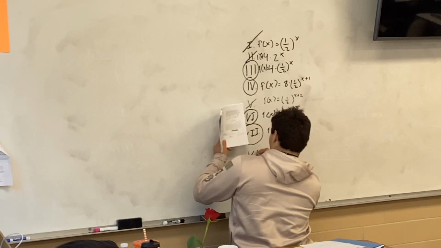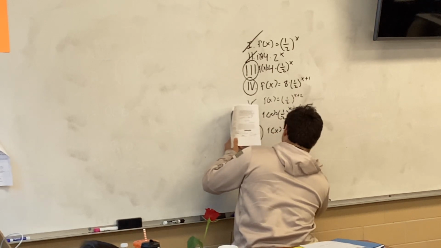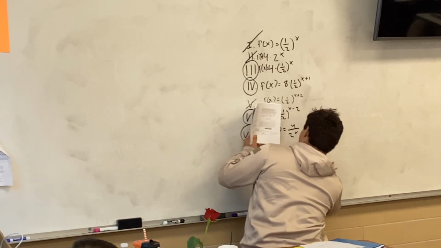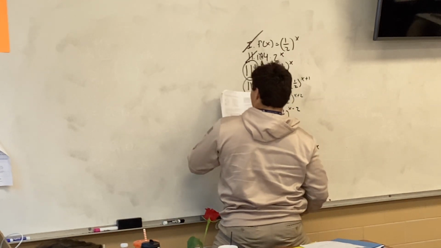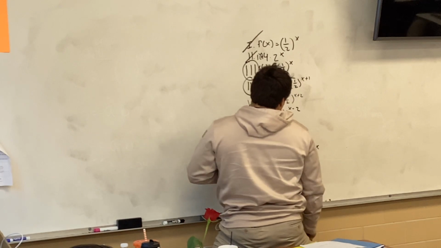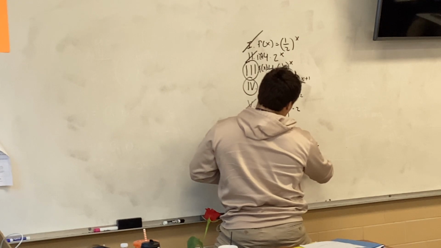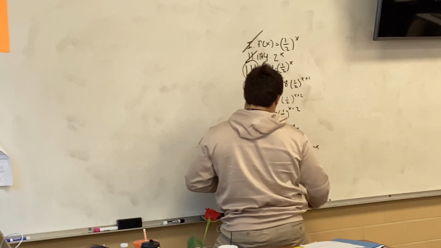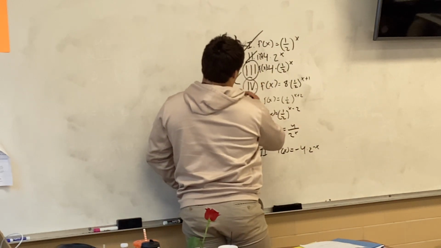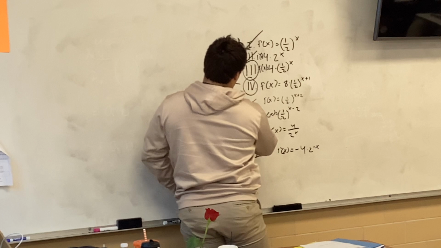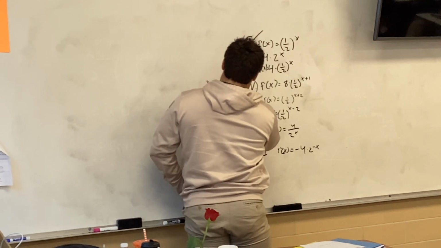And the last one. Alright. And then you plug in 1 and you get a half from this times -4. I think you get -2, so that doesn't work. So these work: 3, 4, 6, 7. Right?